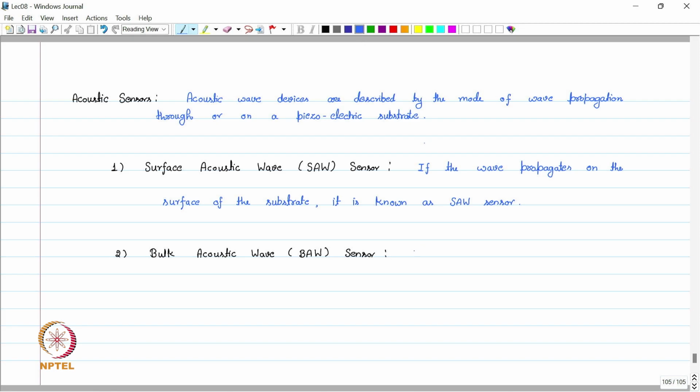If the wave propagates through the substrate, it is known as BAW sensor.